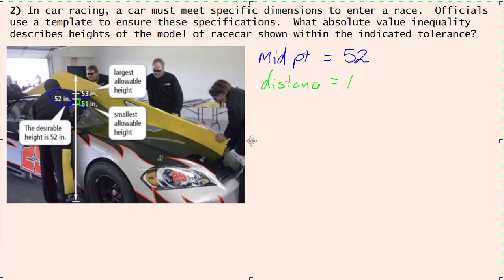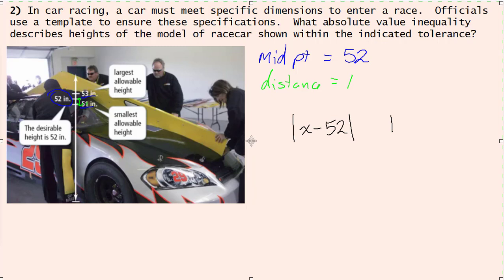So now let's write our absolute value inequality. I'm going to leave off the symbol for right now. So x minus my midpoint, and it's something to my distance. Do I need it to be less than that?